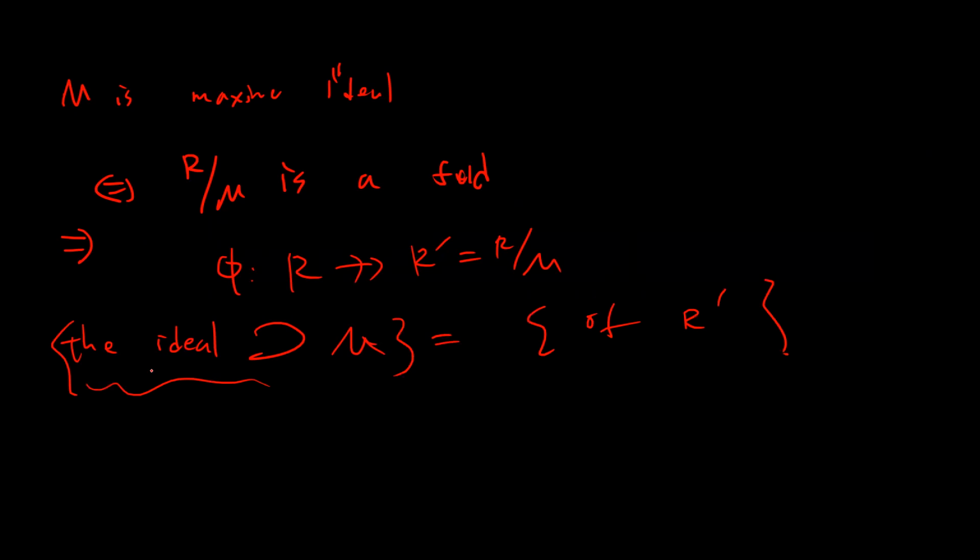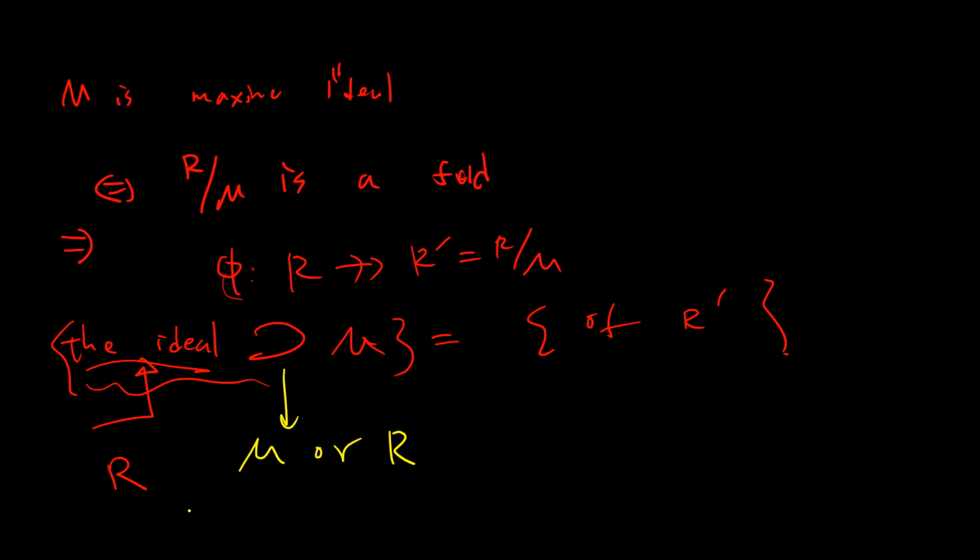If M is a maximal ideal, there is no ideal greater than M except R itself. So the only ideals larger than M are M and R itself.